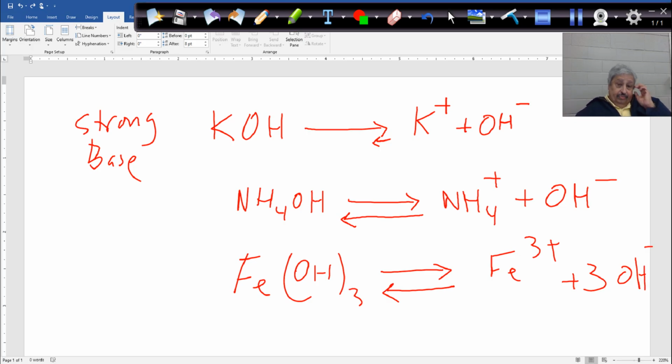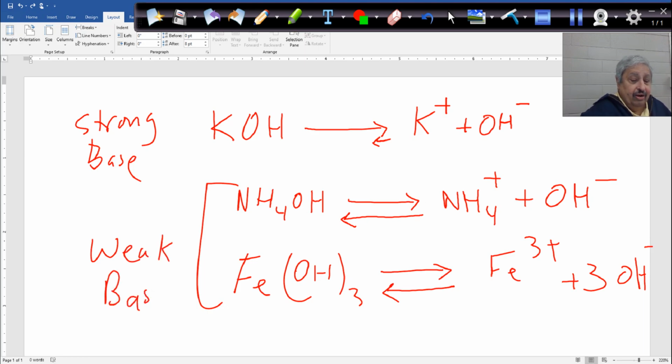So those are weak bases. This is just from looking at the whole equation of the dissociation and telling if they are strong or weak. Now let's look at the values, and at what we can consider strong and what we can consider weak.